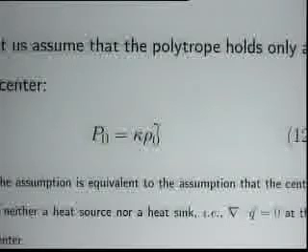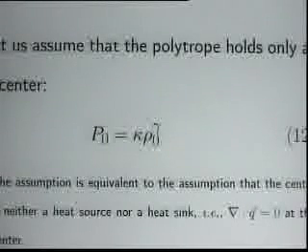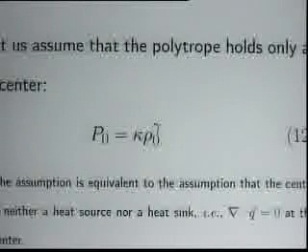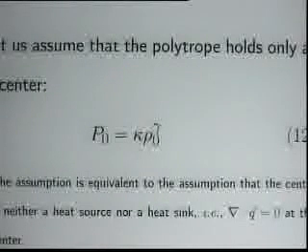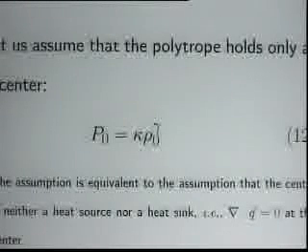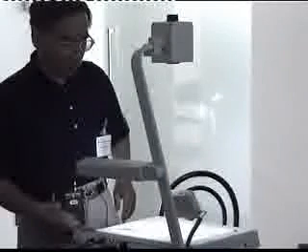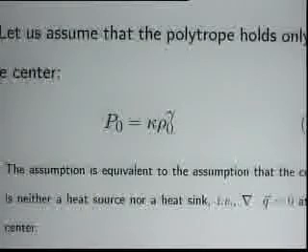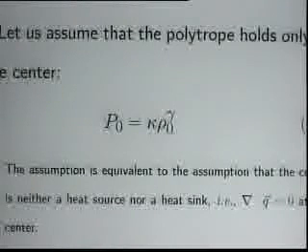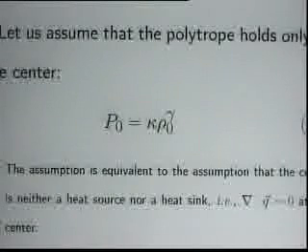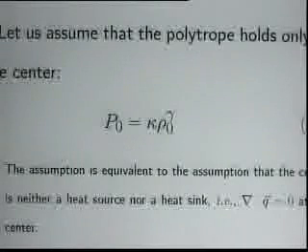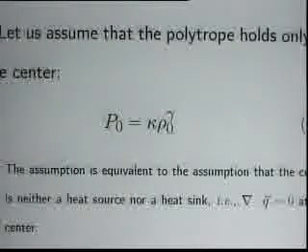Also, I want to assume that the polytrope condition holds only at the center. The traditional assumption is that the polytrope holds everywhere in a star, but I only assume the polytrope at the center. And this assumption is equivalent to the assumption that the center is neither heat source nor heat sink. But if there are nuclear explosions in the central region, then this condition is no longer valid. But I'm not considering nuclear explosions here.